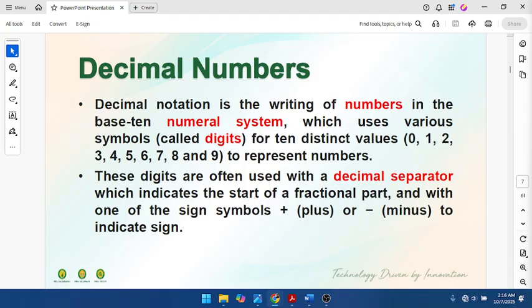For example, we have a price of 99.50 pesos. The dot separates the pesos from the centavos. We also use the plus and minus symbols to denote whether the number is positive or negative.